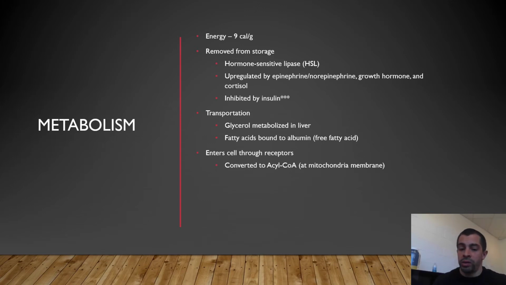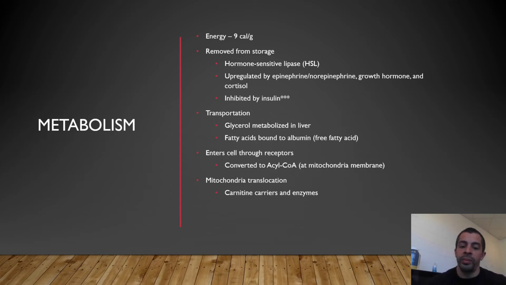Once it enters the muscle, we have to convert the fatty acids to acetyl coenzyme A, and we do this at the mitochondria membrane. Once the fatty acid, or the acetyl at this point, is at the mitochondria membrane, it has to translocate to within the mitochondria. Remember, the mitochondria is where beta oxidation takes place. But in order to translocate across the mitochondria membrane, we need another transport protein.